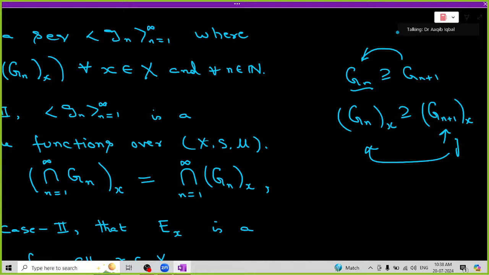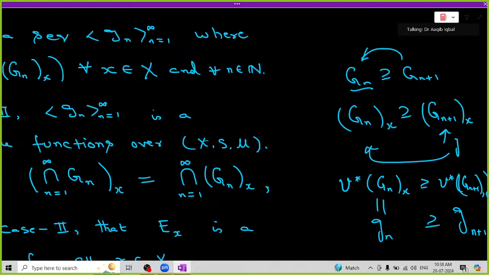Now using the monotonicity of nu star, you can see that nu star of the x section of Gn is greater than or equal to nu star of the x section of Gn plus 1. This is little gn and this is little gn plus 1.